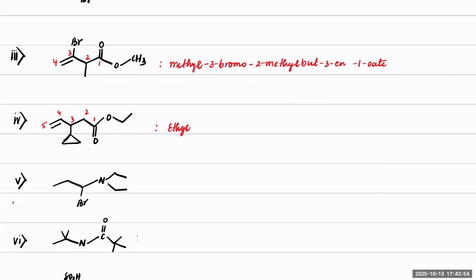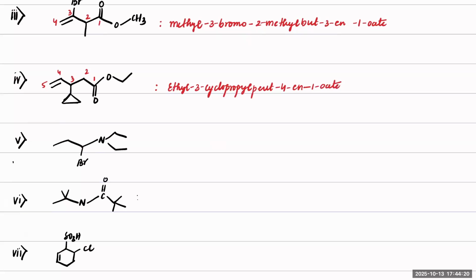We have substituents after ethyl. We have a substituent at third position, which is cyclopropyl. So 3-cyclopropyl. Then we have pent-4-yn, only N, and 1-oate. Got it? 1 is not necessary, we can simply write it as oate also. But we have to mention that only N, yn.